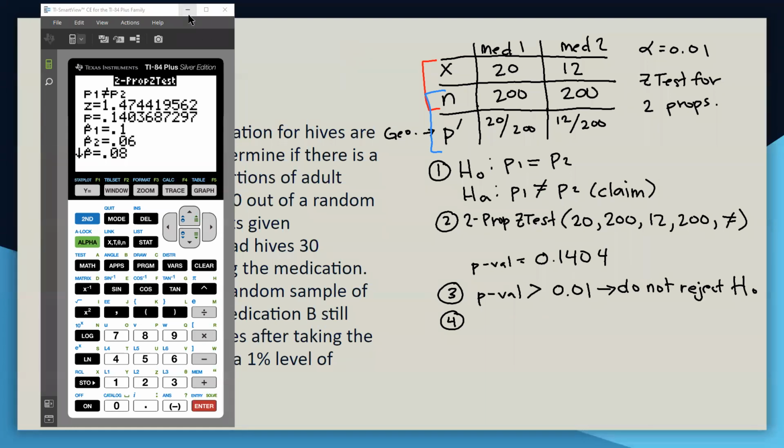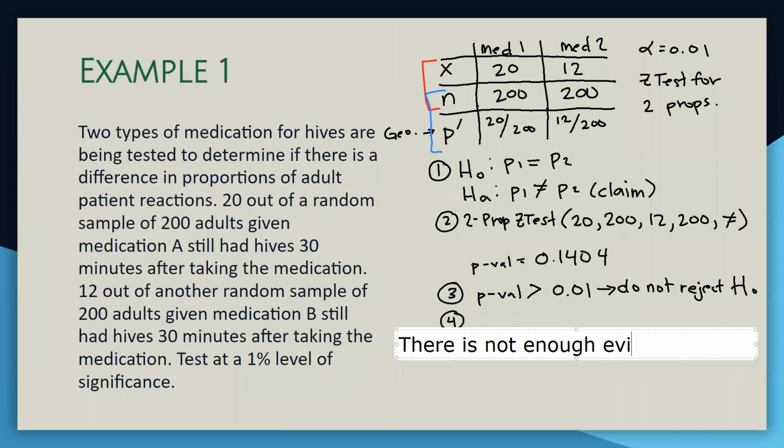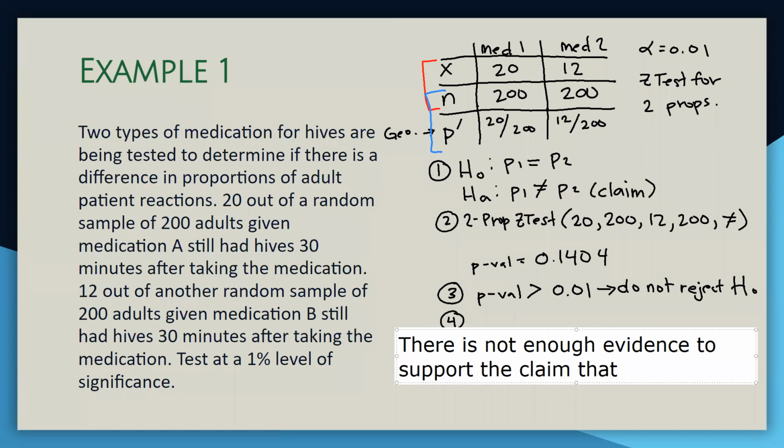So we're going to summarize our results. Looking at our decision in step 3, do not reject, there is not enough evidence. And then we look at our alternative in step 1. The alternative is our claim. So support, there's not enough evidence to support the claim that. And then we go back to the word problem and look for what that claim is.